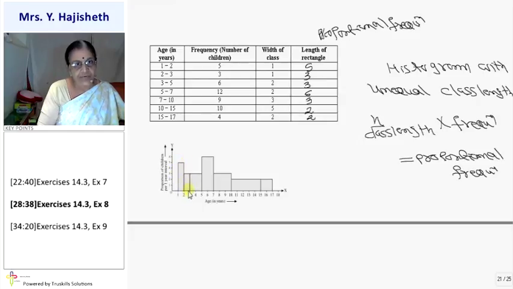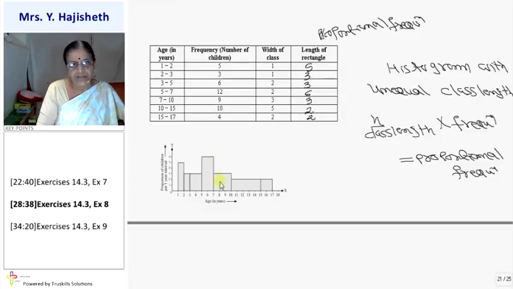Second rectangle of width 1 centimeter and height 3 centimeter. Third rectangle is of width how much? 2 centimeter and height 3 centimeter. Fourth of width 2 centimeter and height what? 5 centimeter. Clear? नहीं, 6 centimeter.